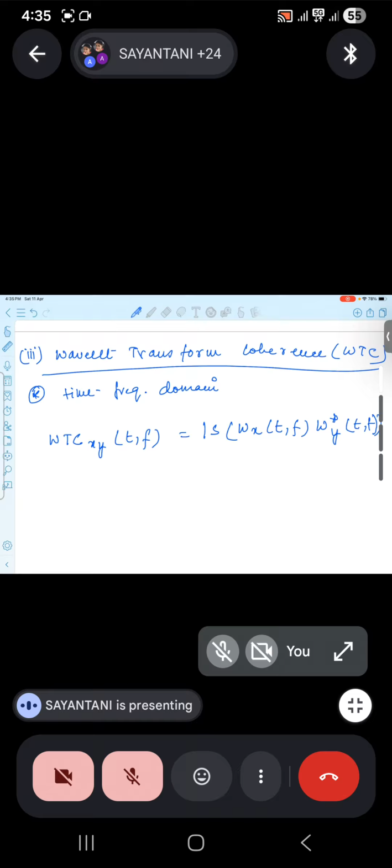So we have both the components, time and frequency. And then we have the individual wavelet transforms. Here S is nothing but the smoothing operator.